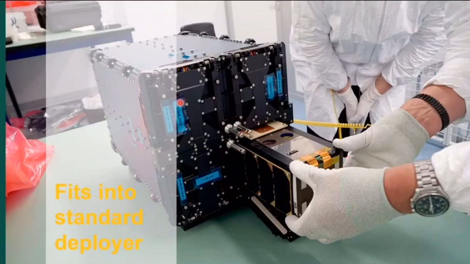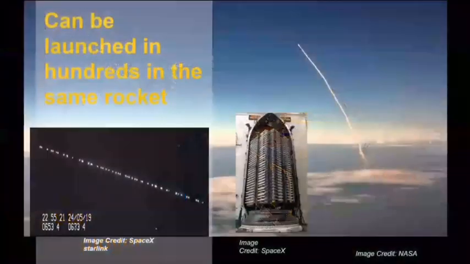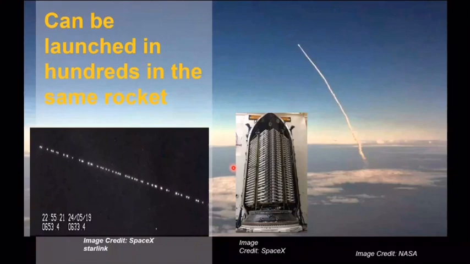Because these are standardized deployers, in one rocket you can launch multiple satellites, even 100 or more than 100 satellites. If a single launch vehicle can take more than 100 satellites, the cost is shared between each unit, so effectively the launch cost is lower as well.